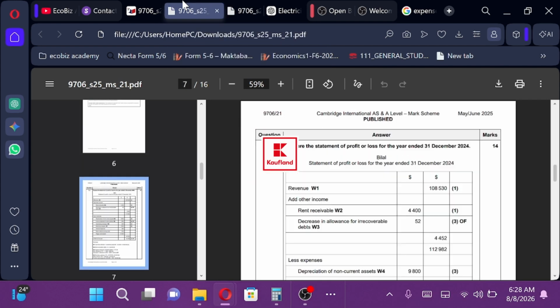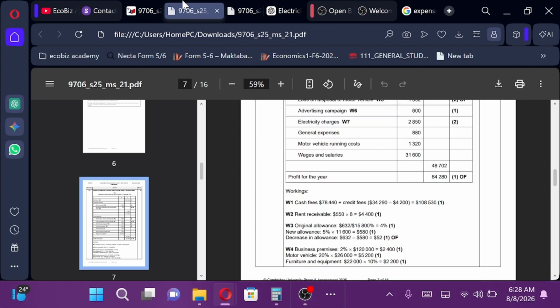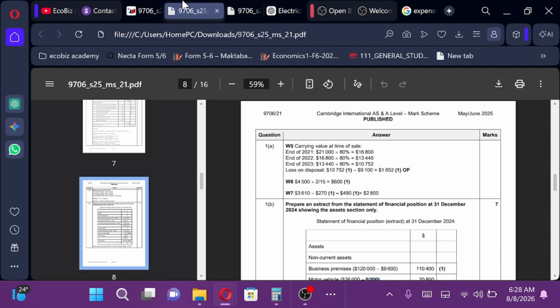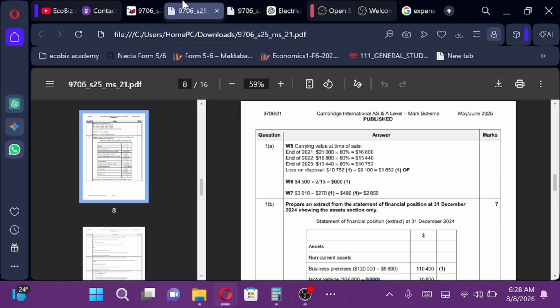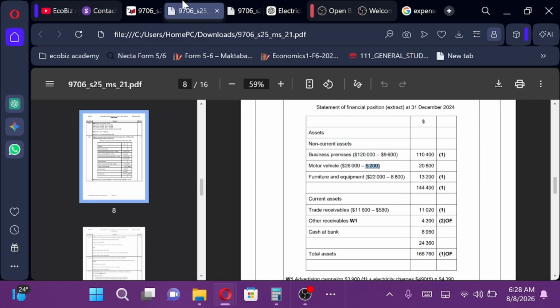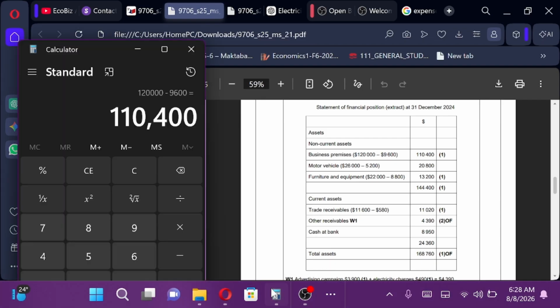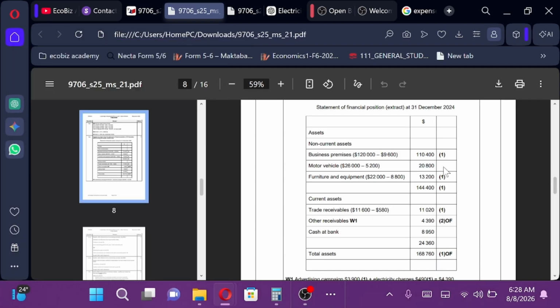Let's check here. We got 5,200. So 5,200, see, it's the exact same amount. So we take 26,000 minus 5,200. We get 20,800, which is this amount here.